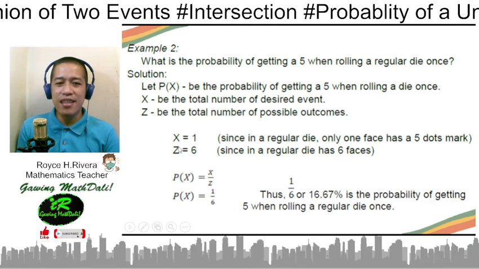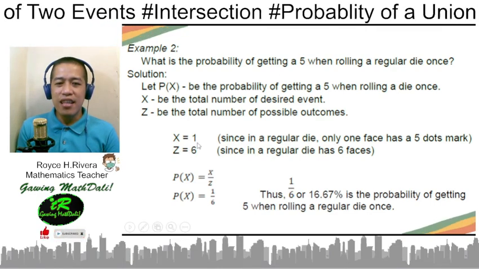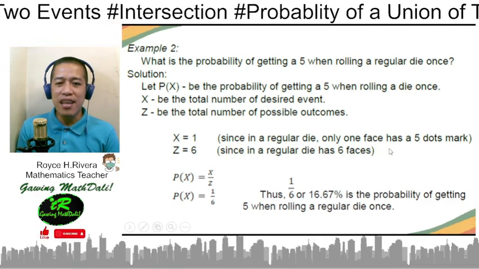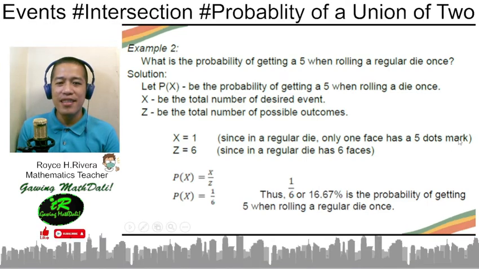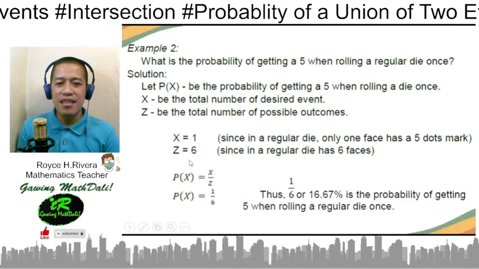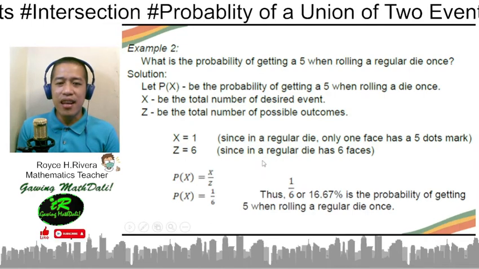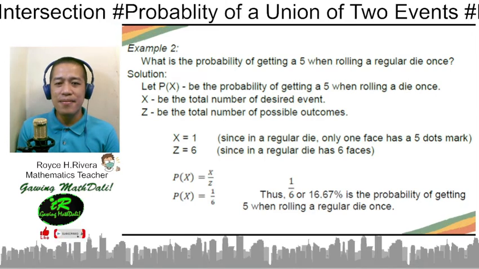Then, x is equal to 1, since in a regular die, only one face has a 5 dots mark. And z is equal to 6 since a regular die has 6 faces.